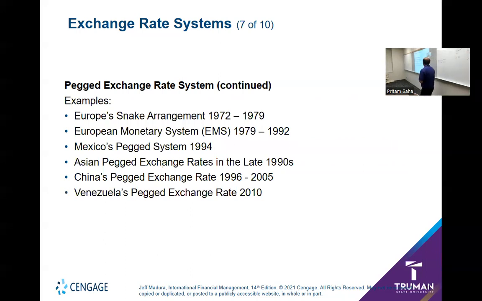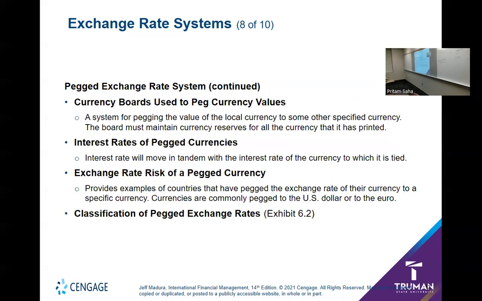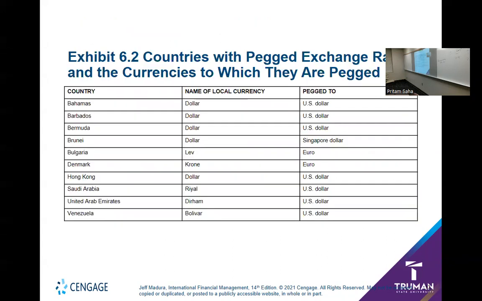There are some agreements, some history, like pacts with different countries. So I recommend you go over that history. Let's see, these are some examples: Bahamas, Barbados, all those countries.